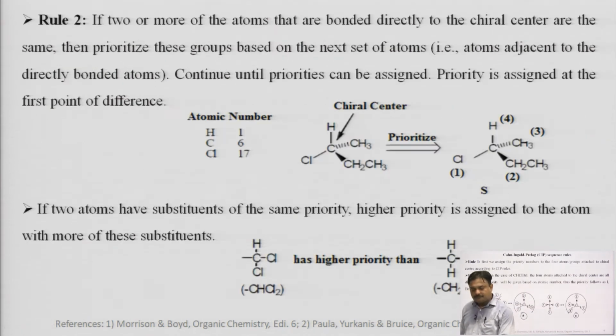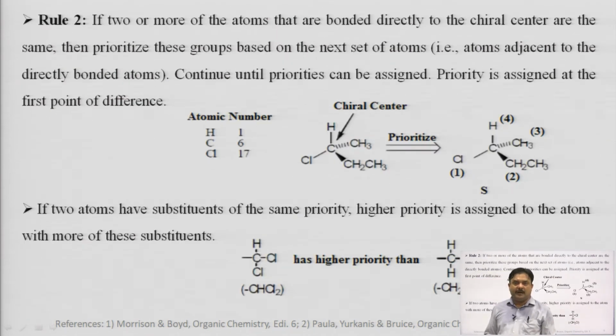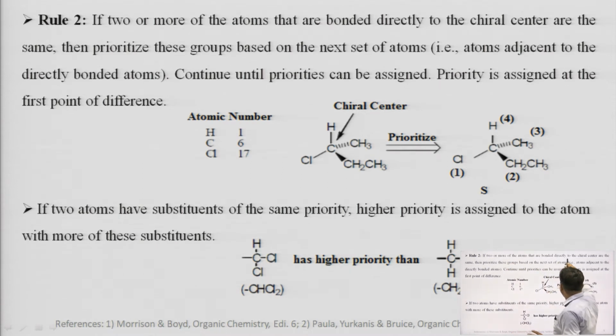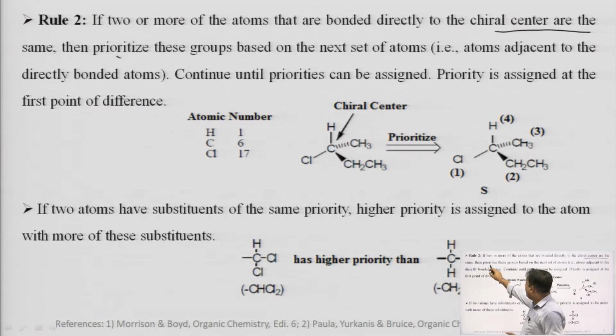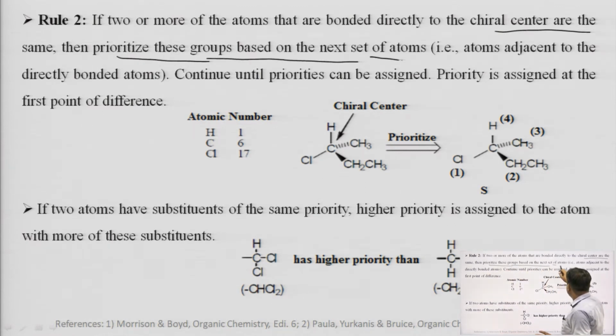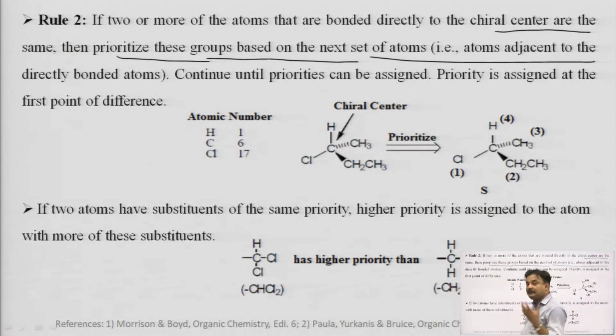Okay. Now, the second rule of the sequence rule states that if 2 or more of the atoms that are bonded directly to the chiral center are the same, then priorities will be given to these groups based on their next set of atoms, that is the atoms adjacent to the directly bonded atoms. Okay.